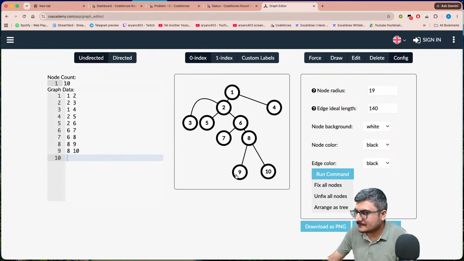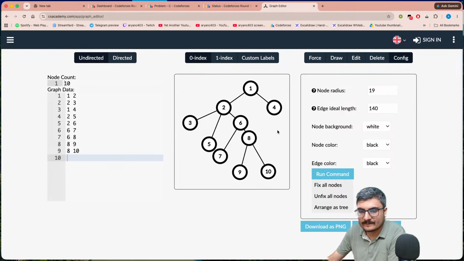Let's say this is our tree. What would be the node that has maximum distance from it? You can find maximum distance from 9, do a plus 1. You can find maximum distance from 10, do a plus 1, take the maximum of these two.